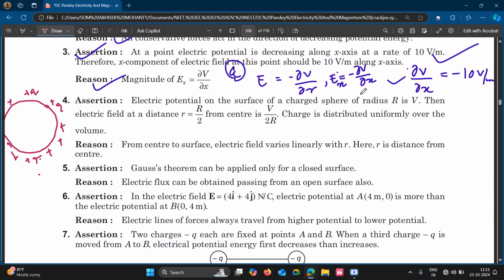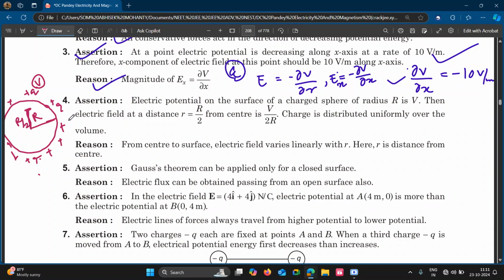Then electric field at a distance r equal to r by 2 from the center is V by 2r.